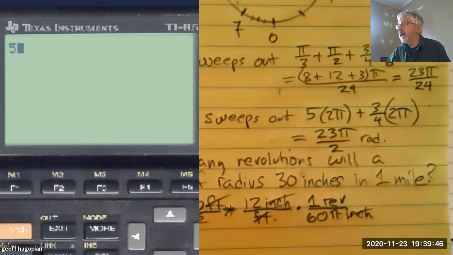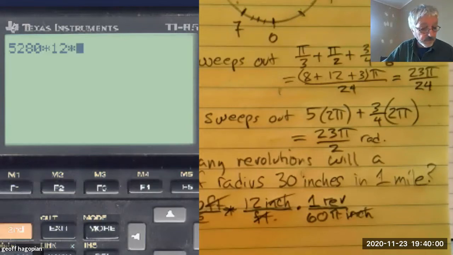Press the clear button. We're going to say 5 tomatoes times 12 inches per tomato. No, that's 12 inches per foot. Times, divided by 60 pi, huh?